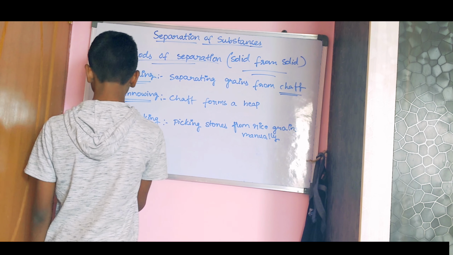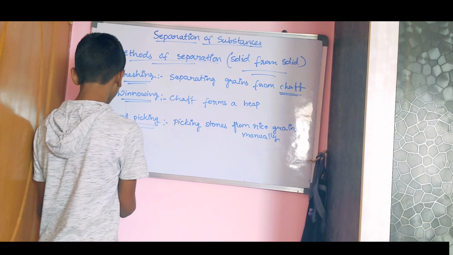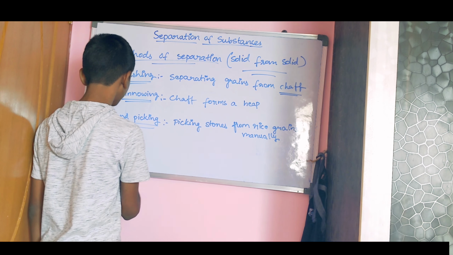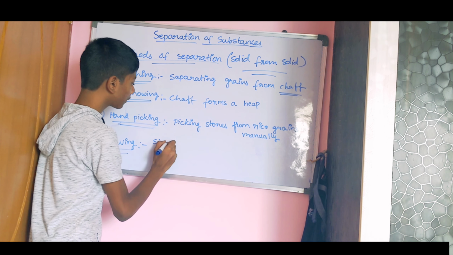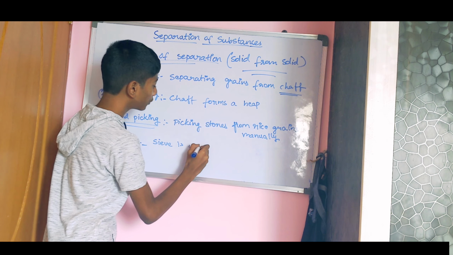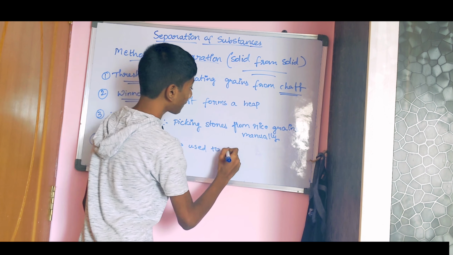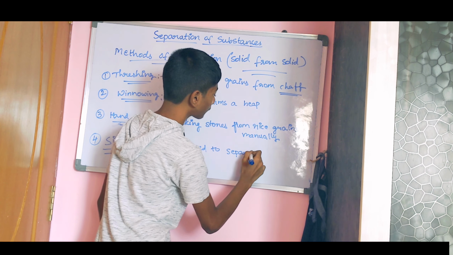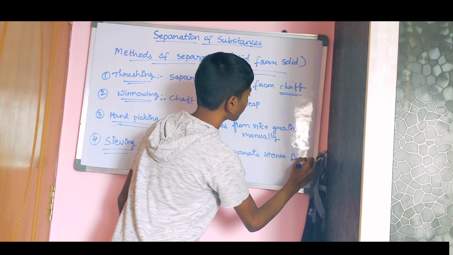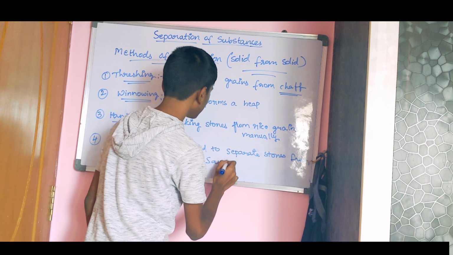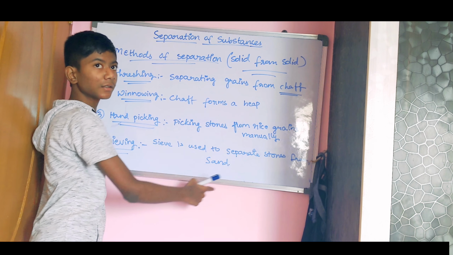And last one is sieving. Sieve is a tool used to separate stones from sand. The sieve is used to separate stones from the sand.